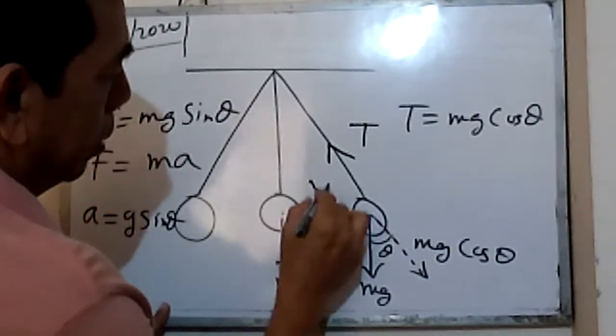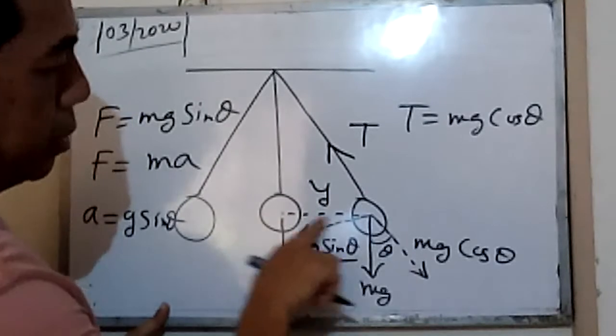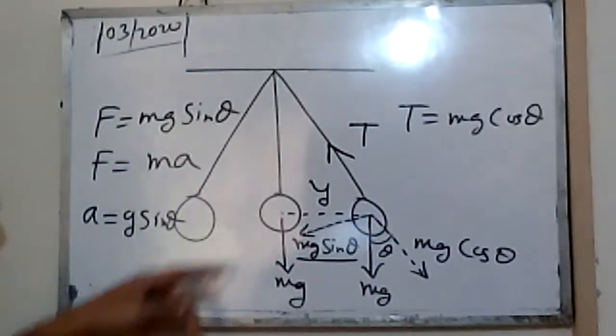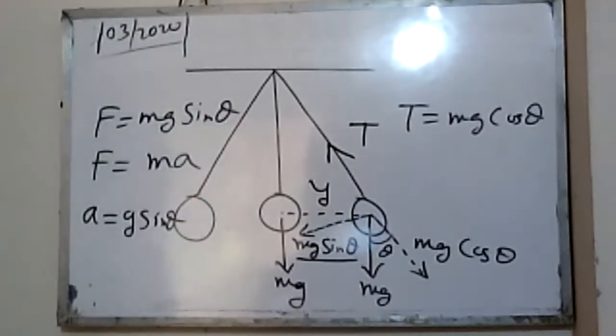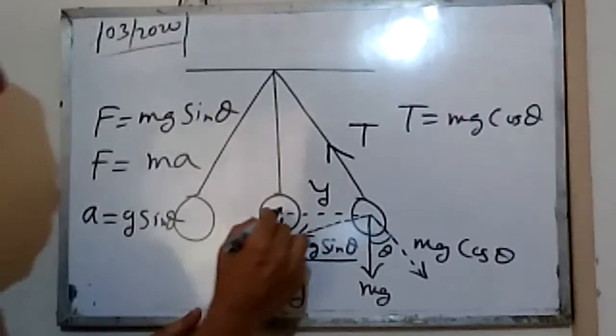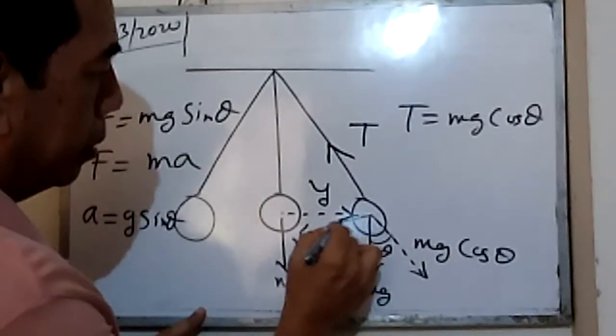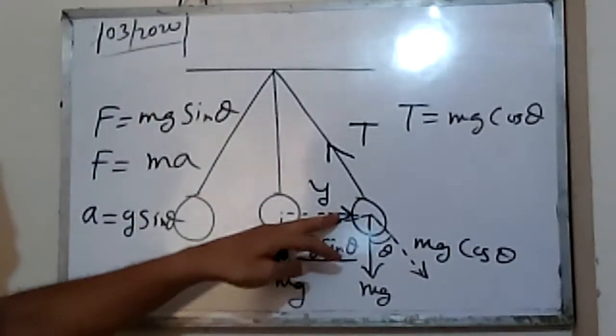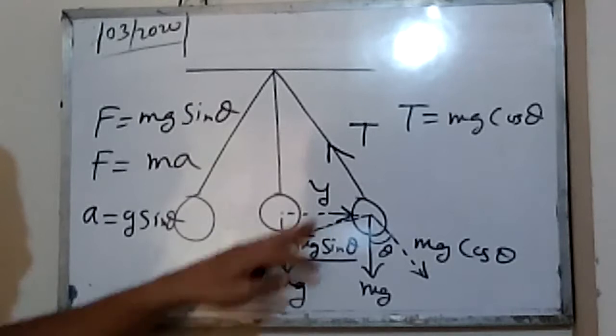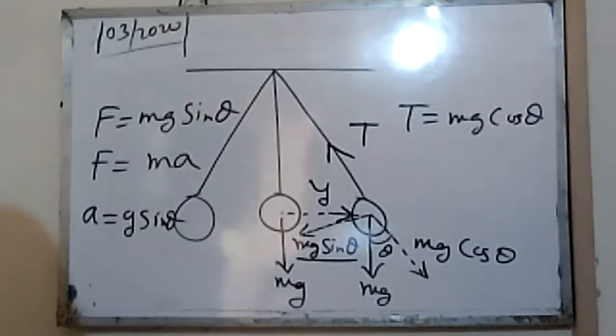Suppose y is the displacement of the bob, and this direction and this direction are actually opposite.